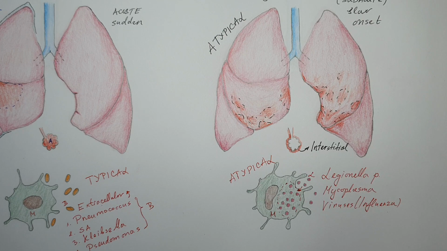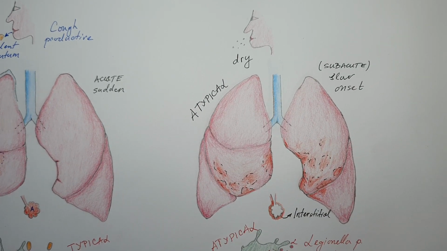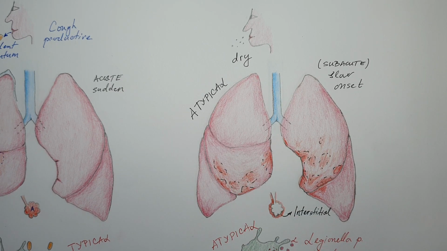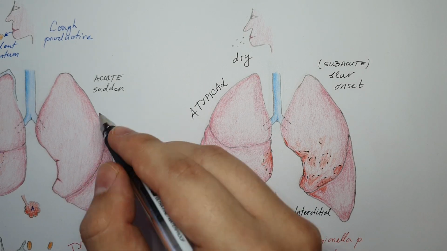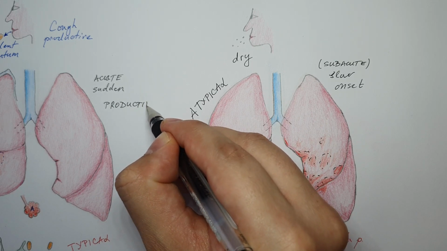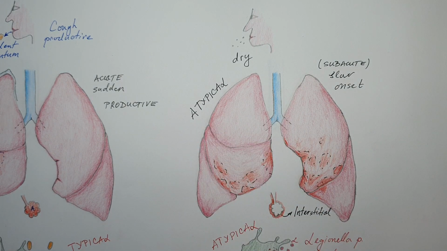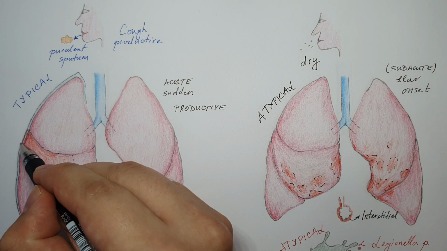So in the end, what is this clinical difference? I will stress it one more time. The typical pneumonias have an acute sudden onset. They have a productive cough, coughing off sputum, and also the infection can irritate the pleura.